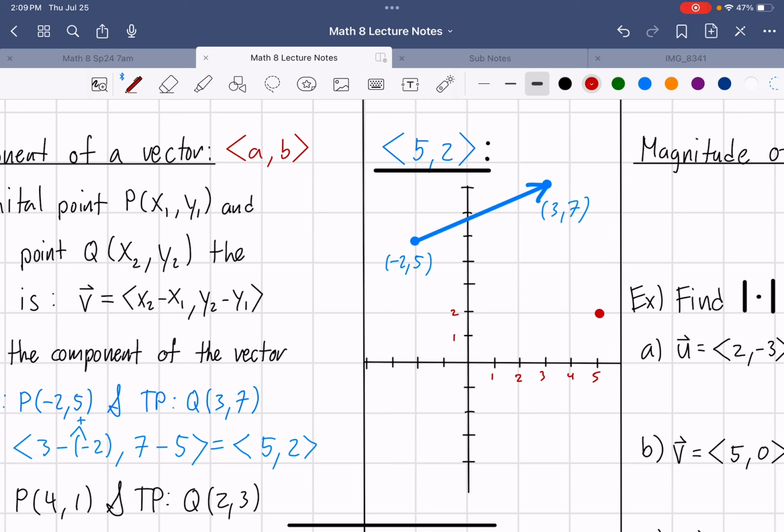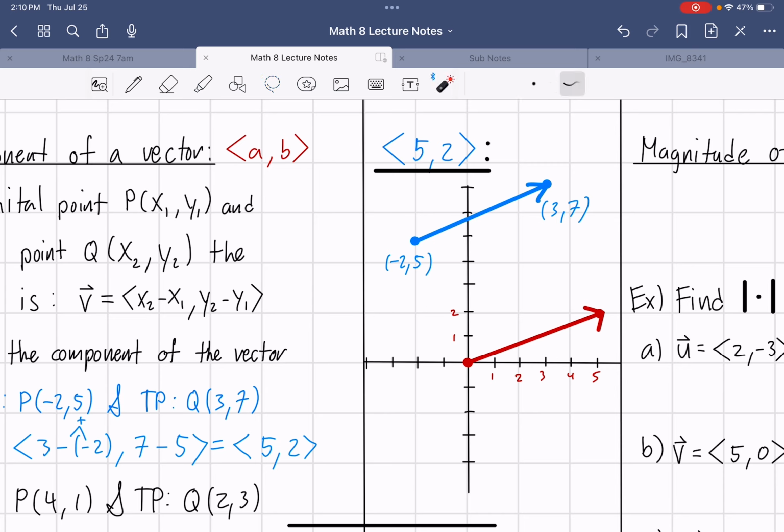So here's a 5, here's a 1. Again, these two are exactly the same. Of course, I'm sketching this by hand, so it might not be perfect. Right, I can kind of take this one and hover it over. And if you notice, I'm off a little bit just because of how I did my scale, but that's pretty much the exact same vector.